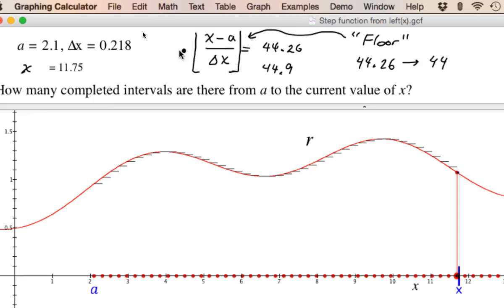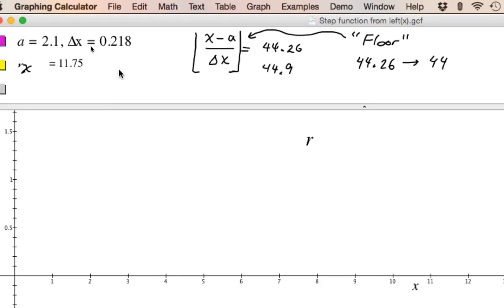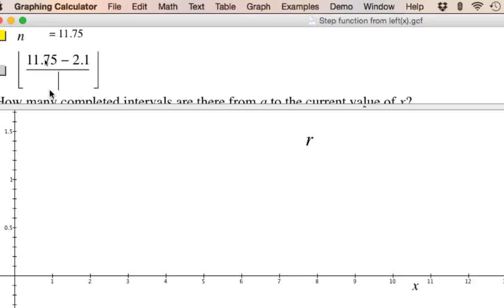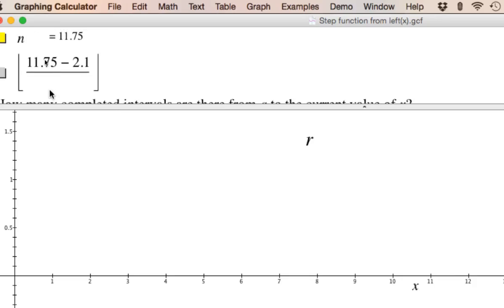So in GC, all you do is type floor, F-L-O-O-R, and that pops up. And so what do we have? What was our example? 11.75 minus 2.1. That's the total width of the interval, right? And we want to divide that by the width of each interval, 0.218.